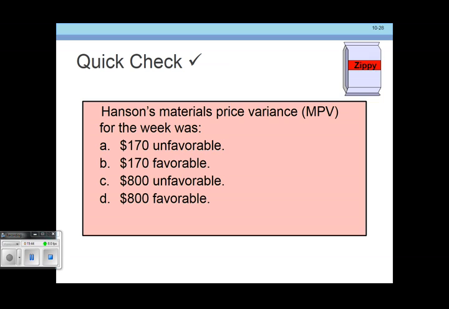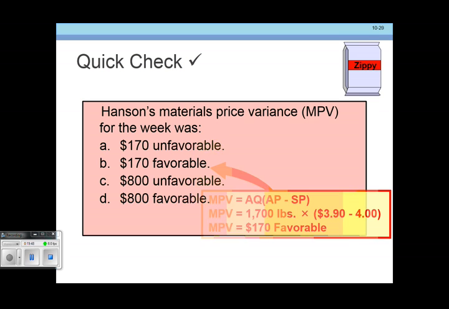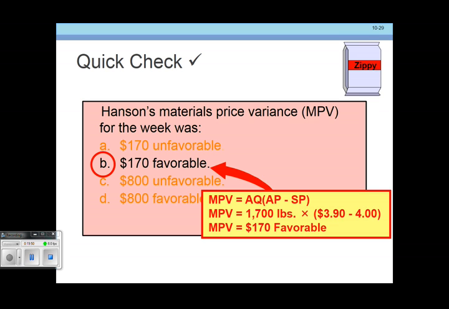It's important to know not only the direction, favorable or unfavorable, but whether it's a price variance or a quantity variance. And once again, they're using the formula. I would have used the left-hand, right-hand type side. Notice they took the actual quantity and multiplied it by the difference between the actual and the standard price. And they got the difference between the $3.90 and the $4 was a $170 favorable variance.